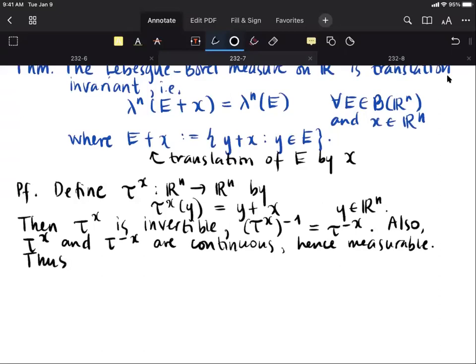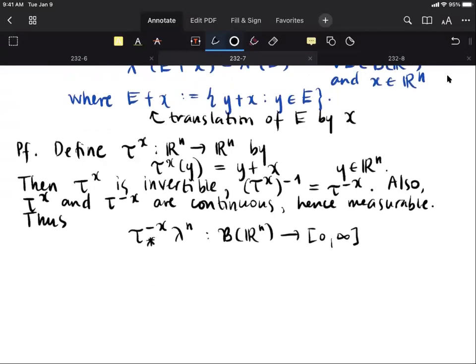Thus, applying the result on image measures, this is a measure on Rn.